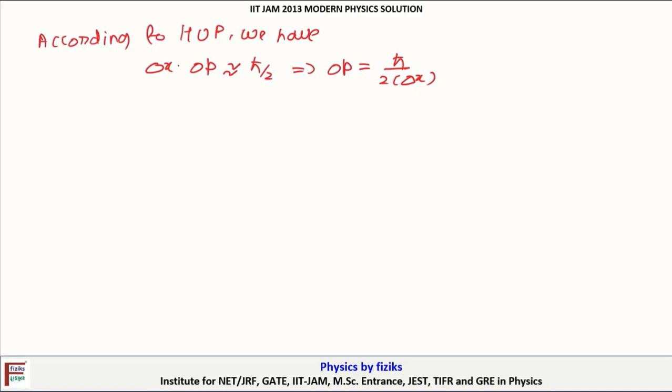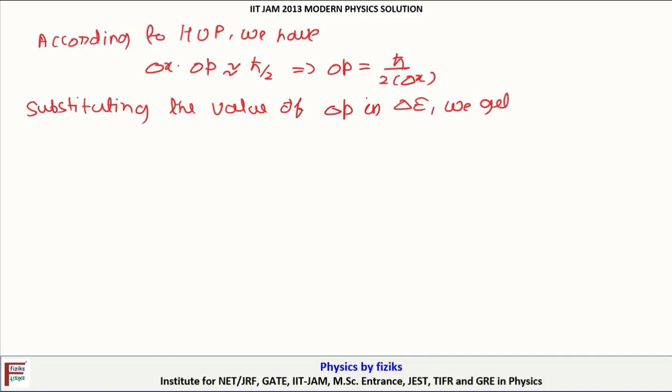So substituting the value of Δp in ΔE, we get ΔE = ħ²/(8m Δx²) + a Δx².